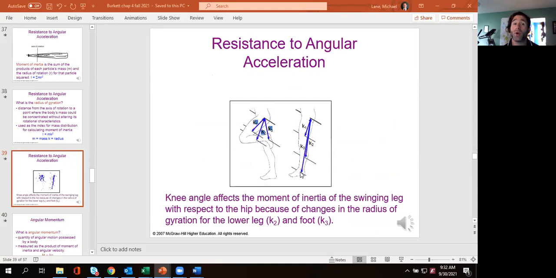So it requires a greater amount of inertia that we have to overcome. Meanwhile, when we're in that bent knee, toe up position while sprinting, we shorten these lever arms and can lift that leg with less resistance. The easy way to experiment with that right now is to lift your leg up as high as you can with your knee bent, and then lift your leg up with that leg straight.